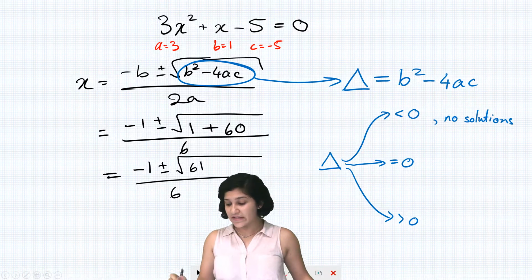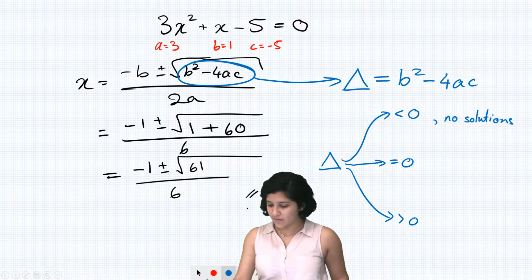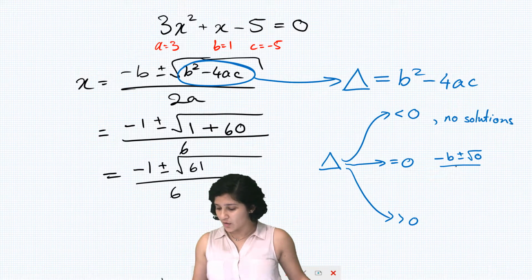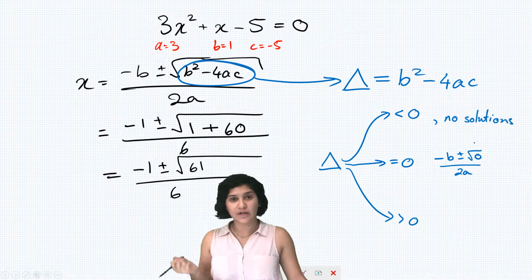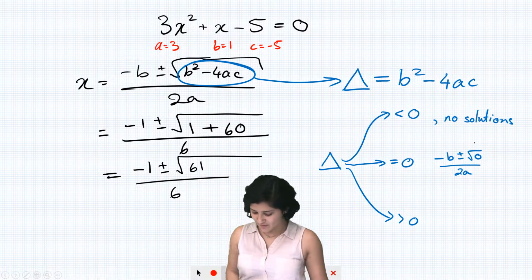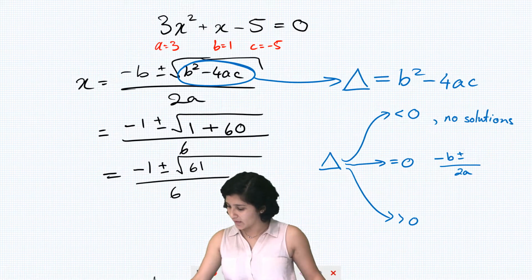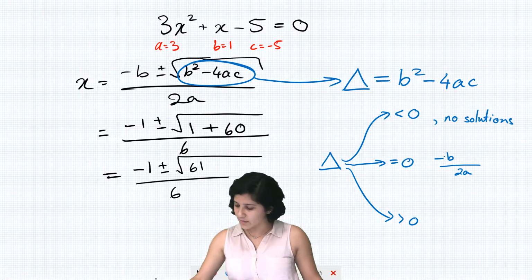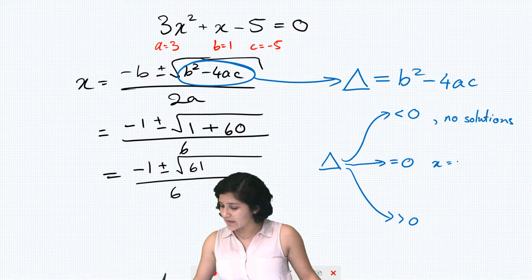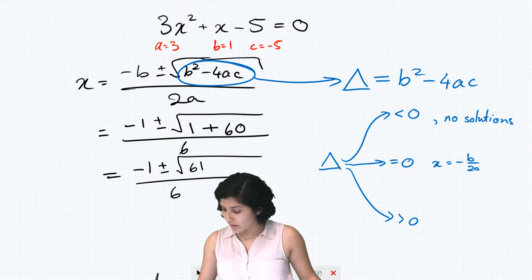Okay? If it's 0, then we would have negative b plus or minus the square root of 0 over 2a. And the square root of 0 is 0. So we've got negative b plus or minus 0, so it's just negative b. Okay, so the quadratic formula is going to give us x equals negative b over 2a.